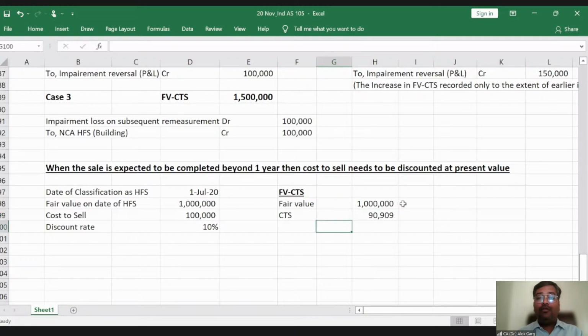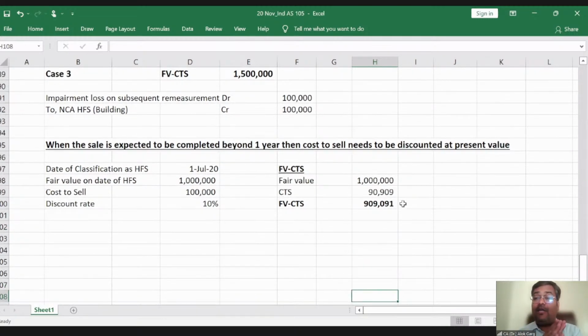So my fair value less cost to sell will be 10 lakh minus 90,909, which is 9,09,091 rupees. If the sale is not expected to go beyond 1 year, you are not required to compute this cost to sell at present value. In that case, the fair value less cost to sell will be 9 lakh rupees, not 9,09,091 rupees.